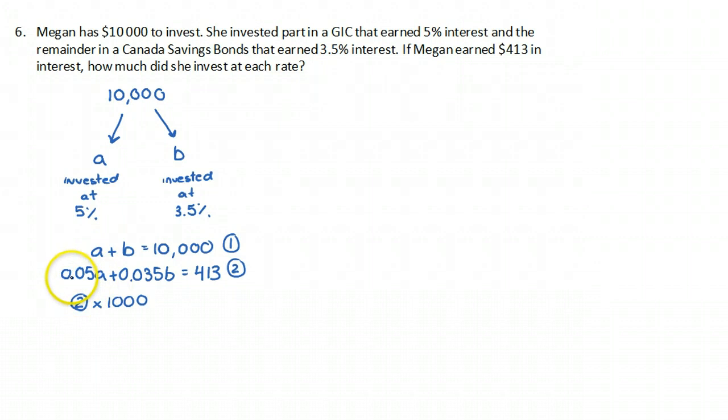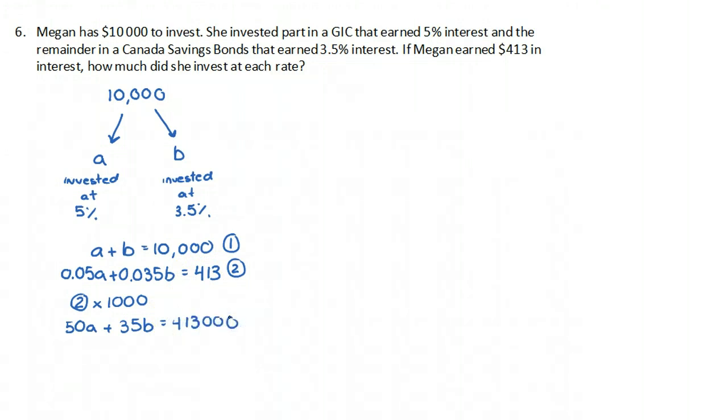So if we multiply this by 1,000, we move the decimal 1, 2, 3 places. So we get 50A plus, and we move the decimal here 1, 2, 3, 35B is equal to, well, if we multiply 413 by 1,000, we get 413,000.